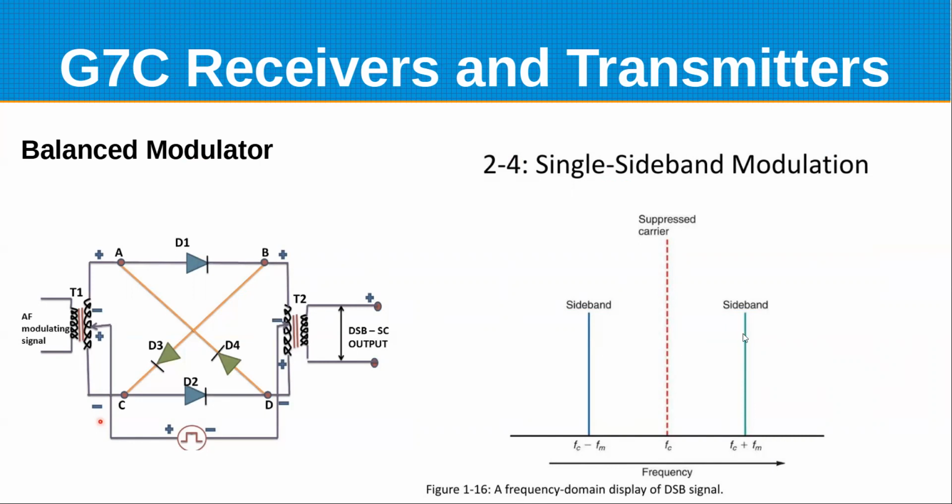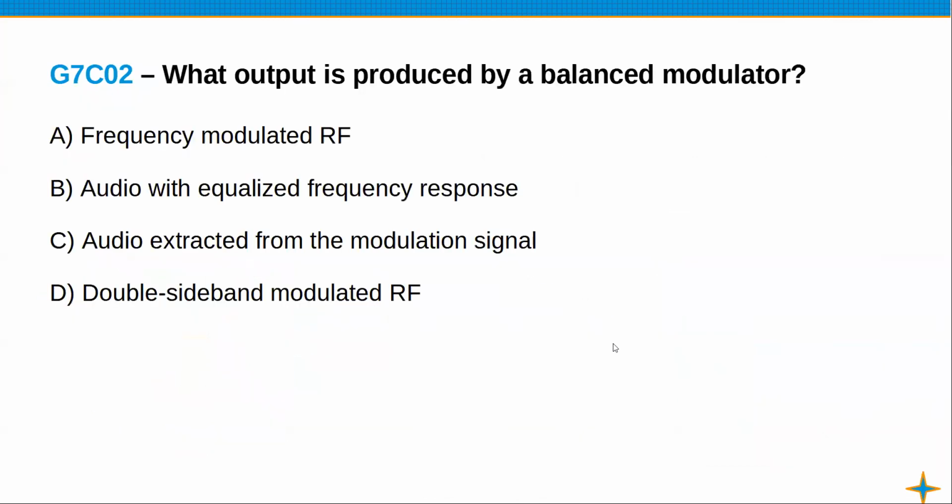One sideband will be higher than the suppressed carrier, the other one will be lower. Also, the lower one is inverted frequency-wise, so the higher frequency of the voice is going to be on the bottom end because of the subtraction.